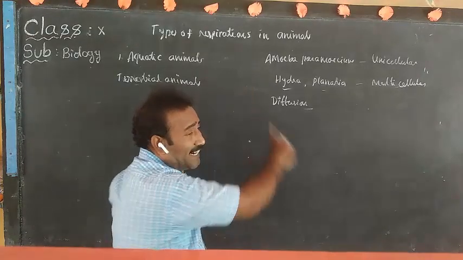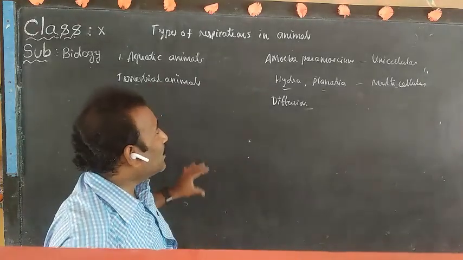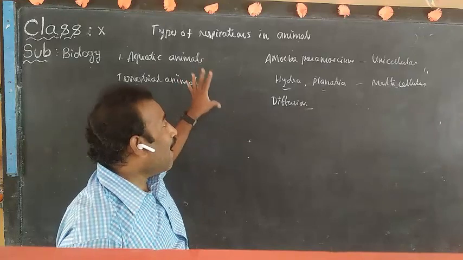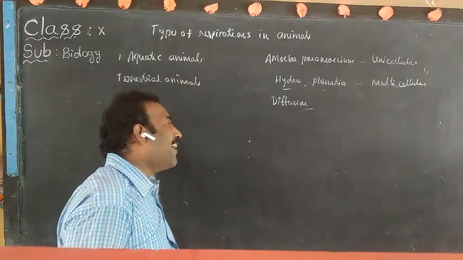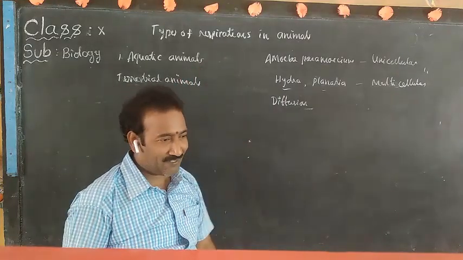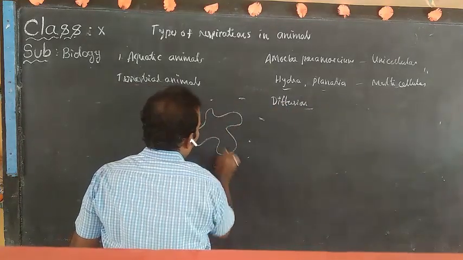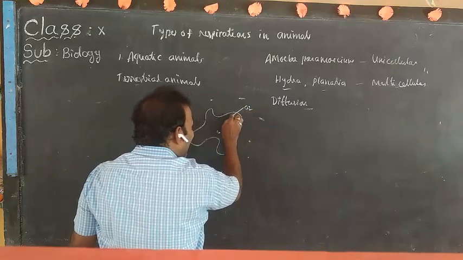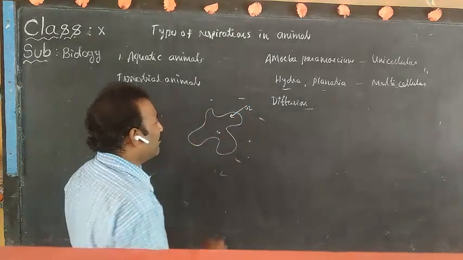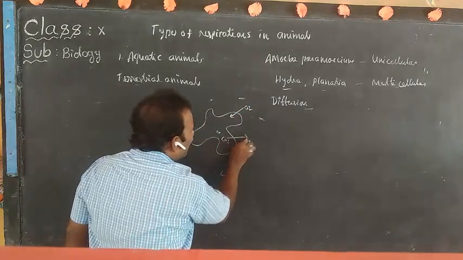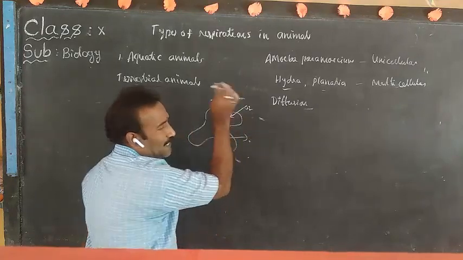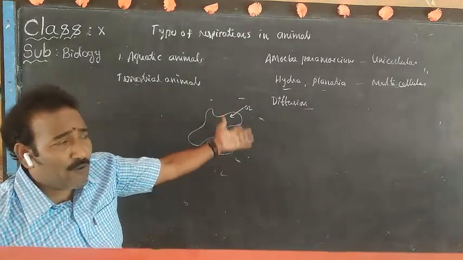They have no special respiratory organs. Why? They have only a few cells in their body. All these cells are in direct contact with the surrounding water. Amoeba lives in water. That's why oxygen directly diffuses into their cytoplasm, and CO2 also diffuses out from the cytoplasm to the surrounding water, because they have only one cell.